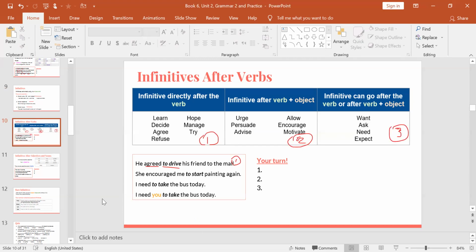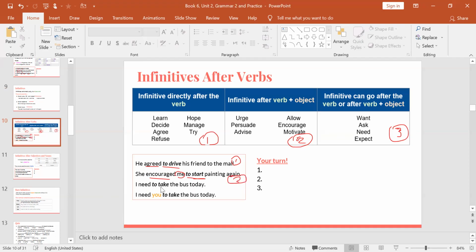The next sentence, she encouraged me to start painting again. So we have encouraged as the verb, and then me, there's an object here, and then to start is the infinitive. And so it looks like it falls into category 2.